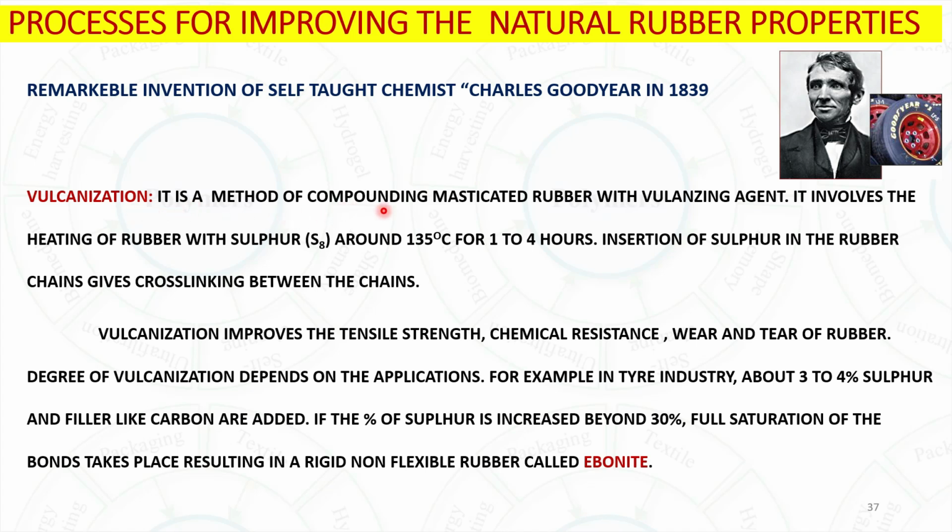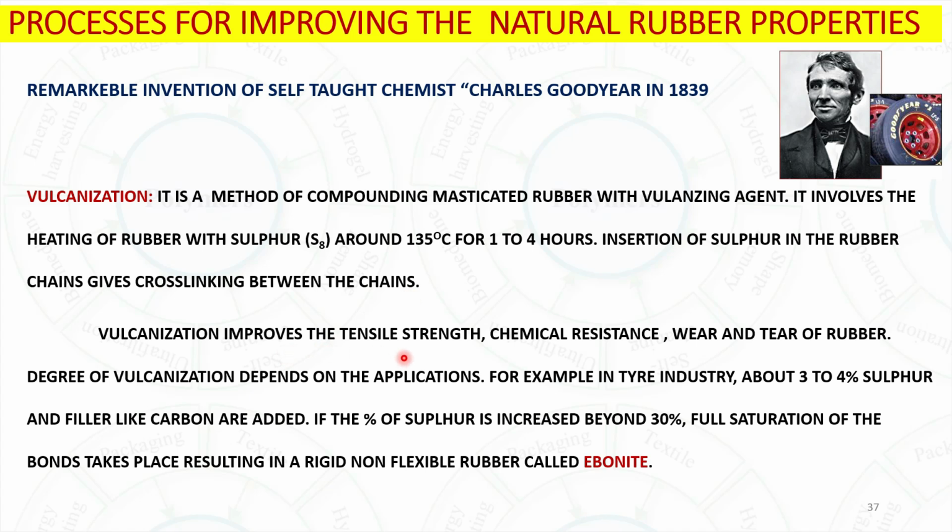It is a method of compounding masticated rubber with vulcanizing agents. It involves heating the rubber with sulfur at around 135 degrees centigrade for 1 to 4 hours. Okay. Insertion of sulfur in the rubber chains gives cross-linking between the chains, which increases the tensile strength or the stiffness of the polymer chain, and this gives the stretching property to the elastomers.